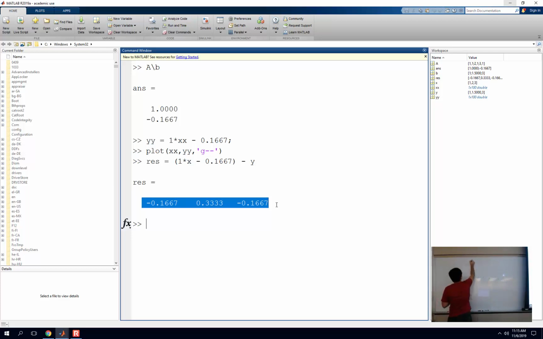R squared is 1 minus the sum of all the residuals squared, divided by the sum of (y minus mean of y) squared.